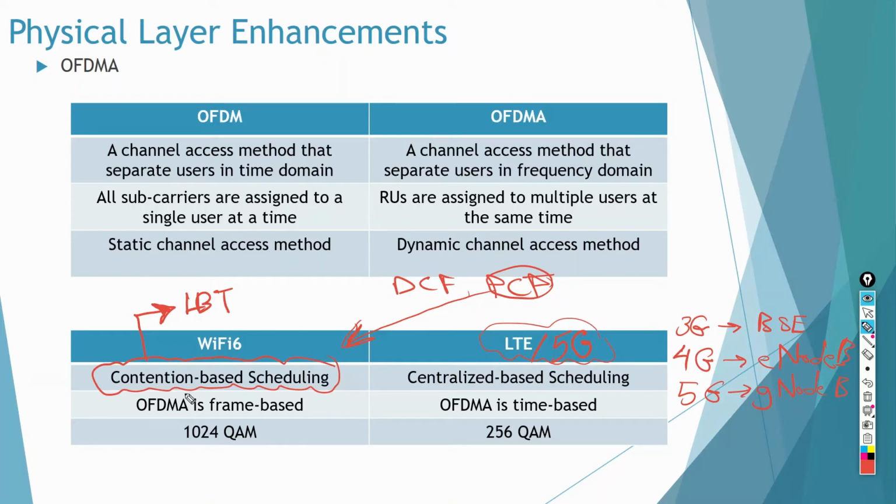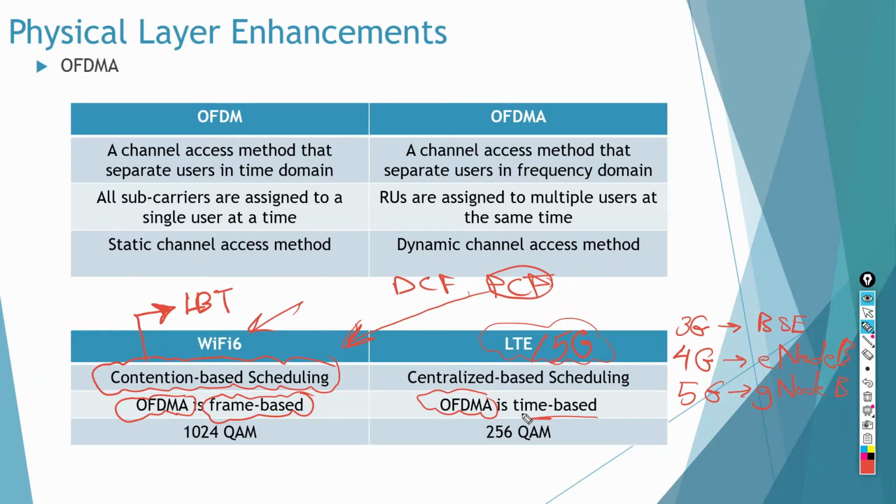Now, in Wi-Fi OFDMA, the scheduling, channel access and assignment of resources is done on a per frame basis, whereas in cellular it is done on a time basis. For example, you have your mobile phone, iPhone or Android, you insert the SIM card, and you get access to the LTE or 5G network.